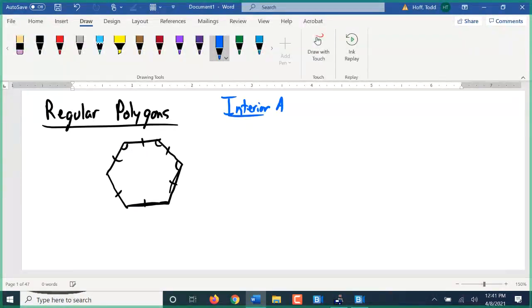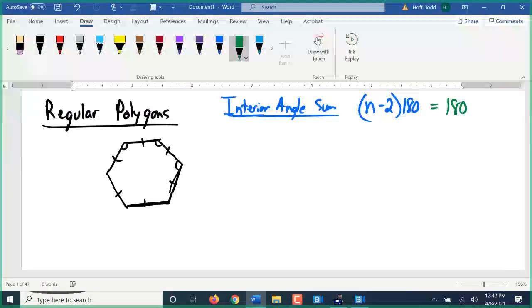Remember, we'll start off with the interior angle sum. That's n minus 2 times 180 degrees. So the interior angles, if I multiply that out, of course, that's 180n minus 360.